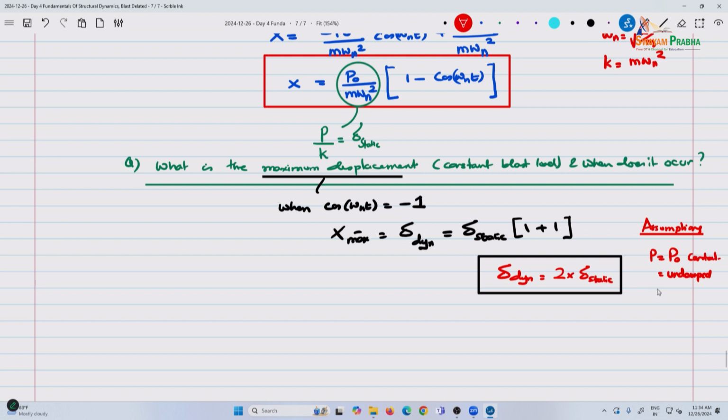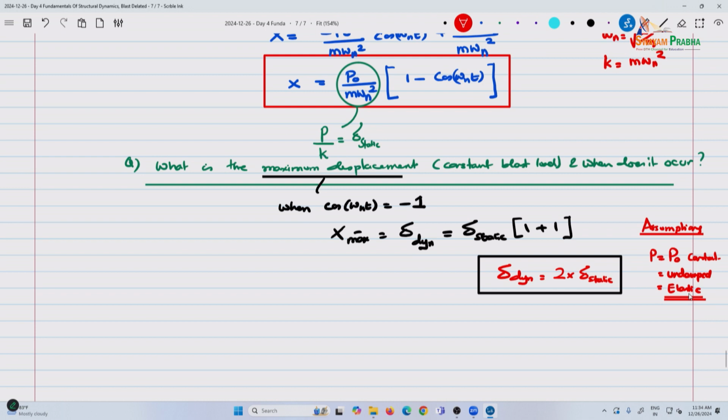Initial is 0, one more. Elastic behavior. Remember we started, see it's easy to lose track. So, elastic, undamped, but more importantly under these conditions delta dynamic is 2 times delta static.